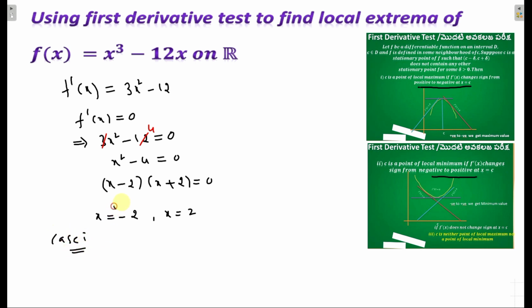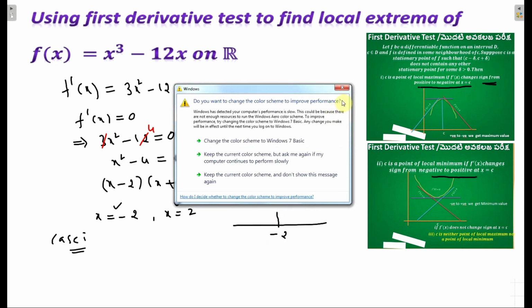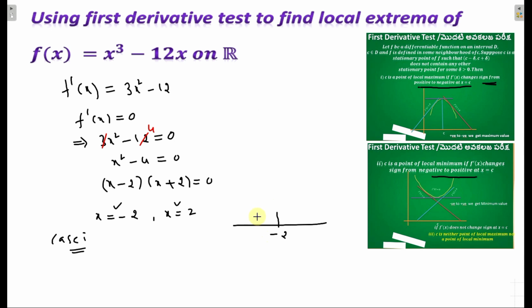Now case 1, at these two points just check whether local maxima or local minima exist. For that, find the change of sign at minus 2. For that I am taking this as minus 2. Take one value on the left side, one point in the neighborhood of minus 2, one point here. This is minus 2.1, this is minus 1.9.